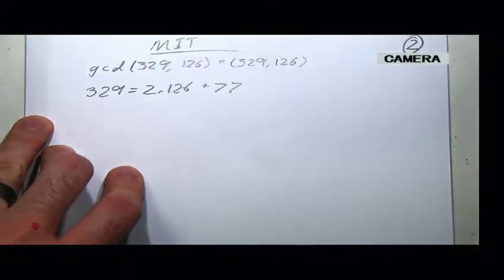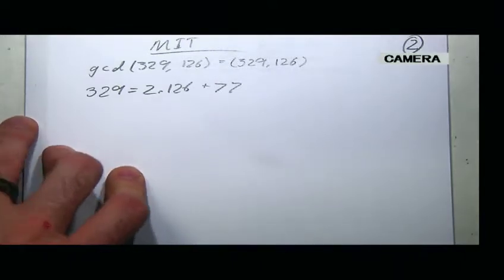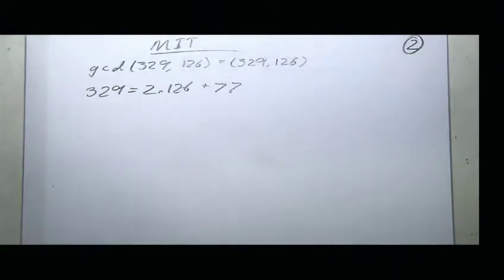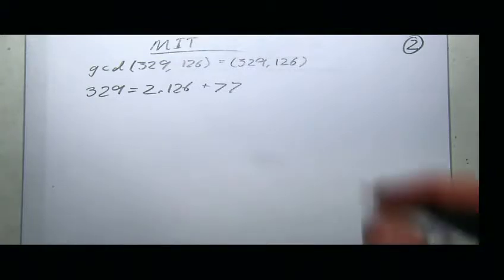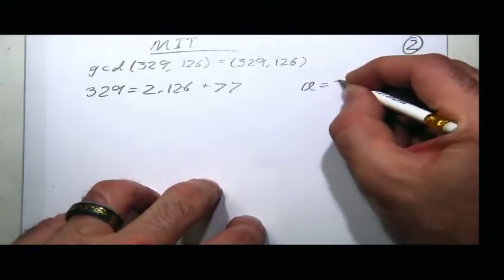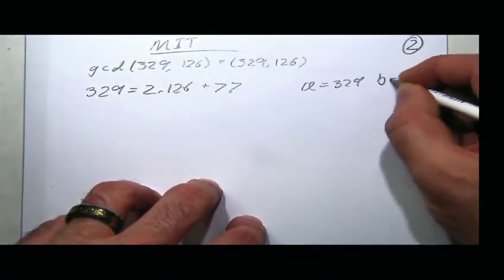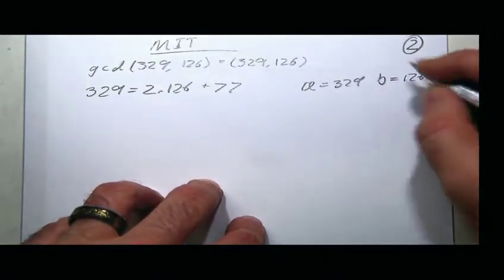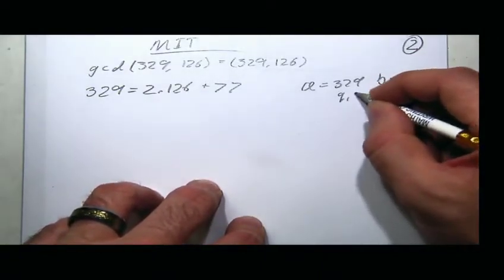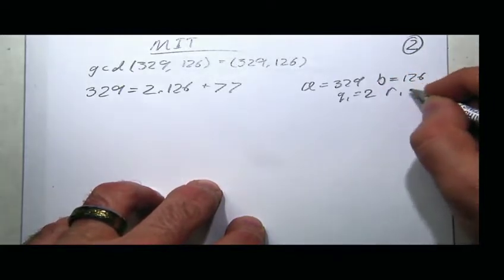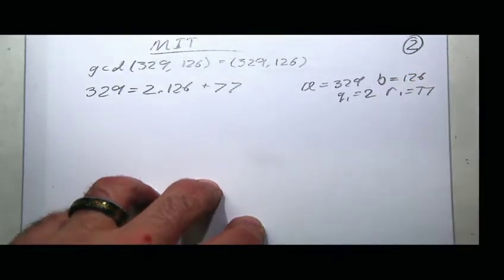I've deliberately chosen numbers that hopefully you can't just see what the answer is off the top of your head. Unfortunately, there's going to be a few steps. We're going to build this up. We've got A is equal to 329, B is equal to 126, Q1 is equal to 2, and R1 is equal to 77.